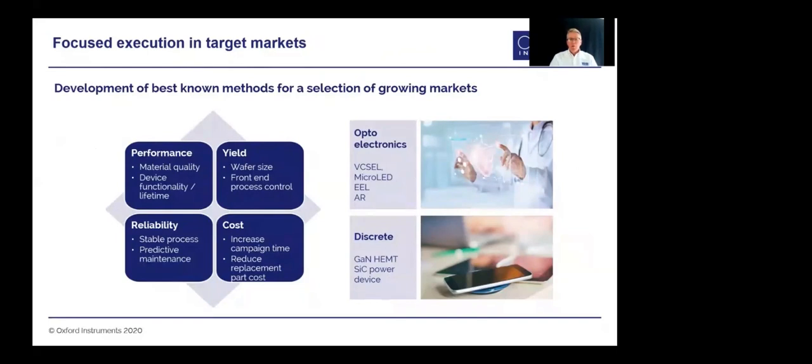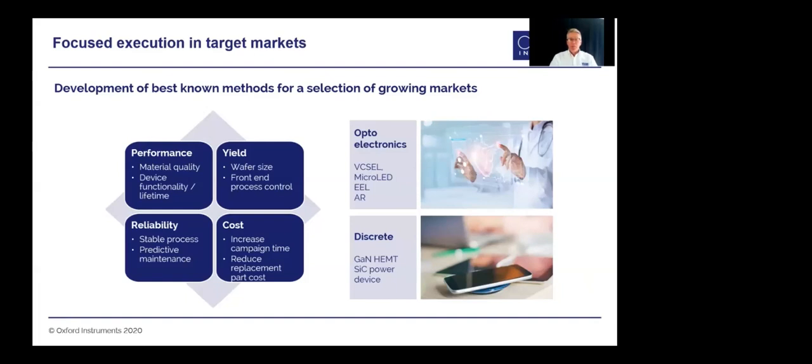So we focus on a select few markets around the compound semiconductor space: VCSELs, micro-LEDs, edge-emitting lasers, augmented reality, gallium nitride HEMTs, silicon carbide power devices. And we look at how we can improve material quality, possibly post substrate improvement, and then also really focus down on what our customers require for their device.